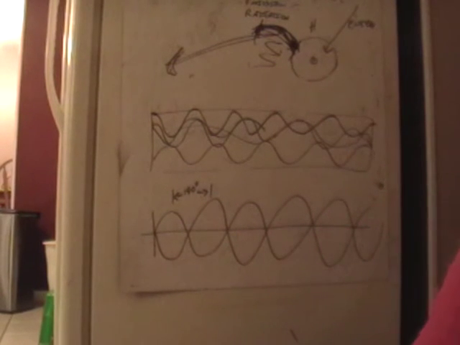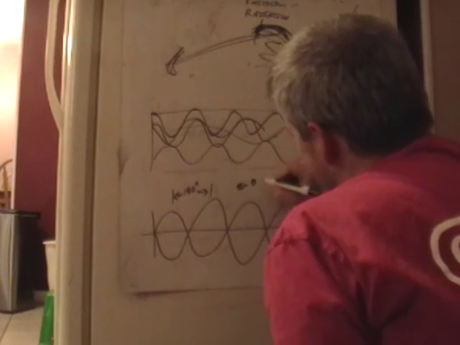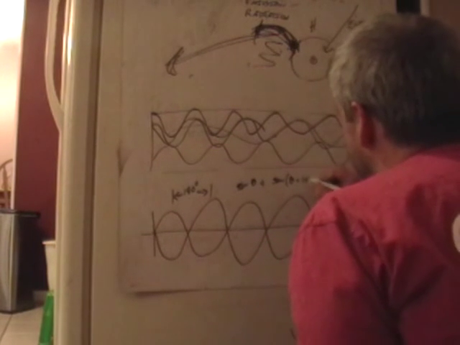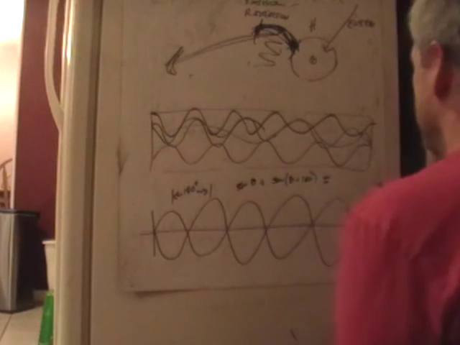If I add those two sine waves together, if I say sine of theta plus the sine of theta plus 180, what's that equal?